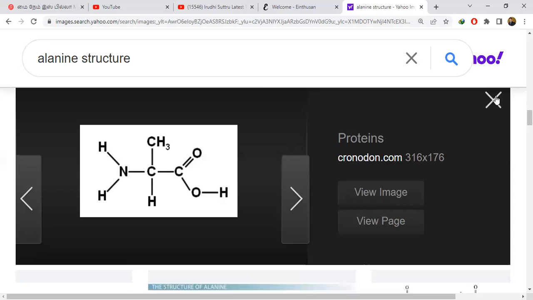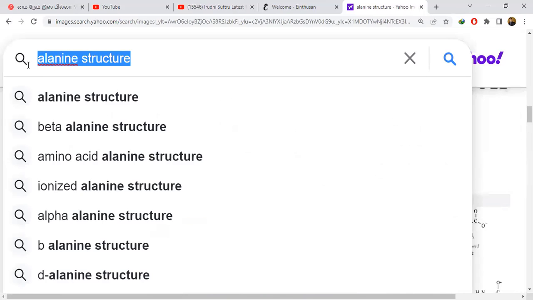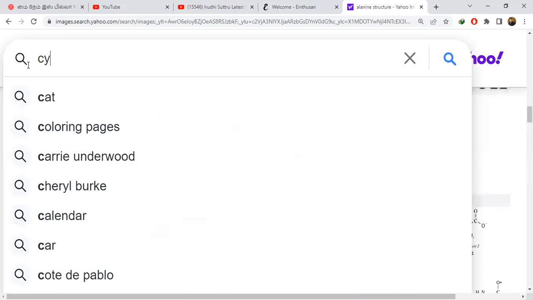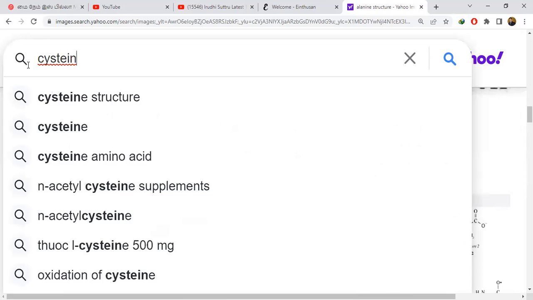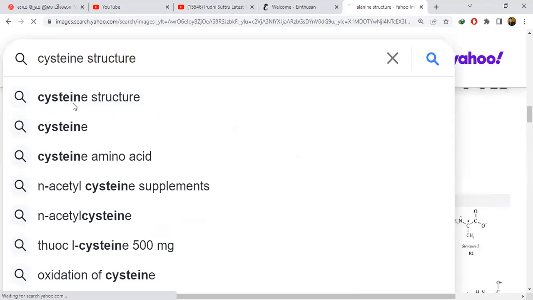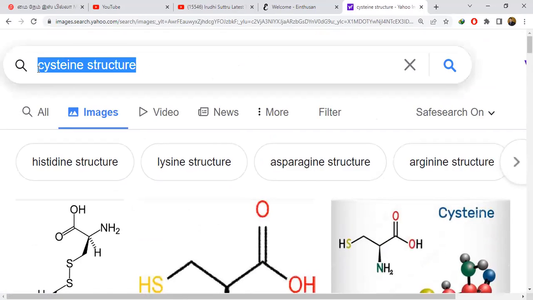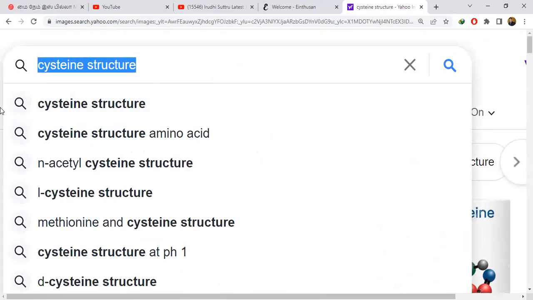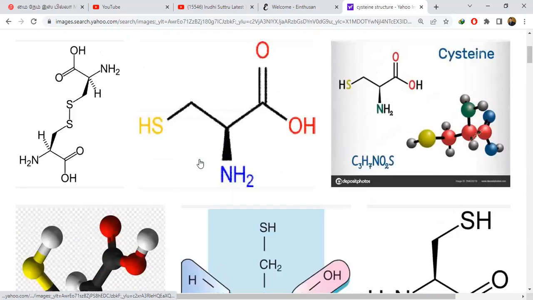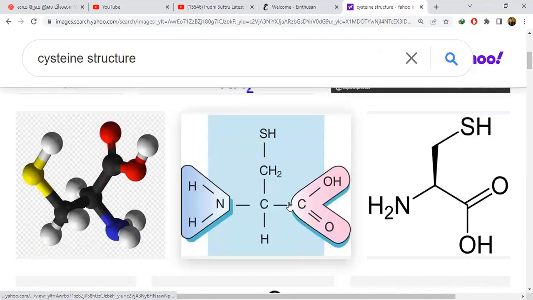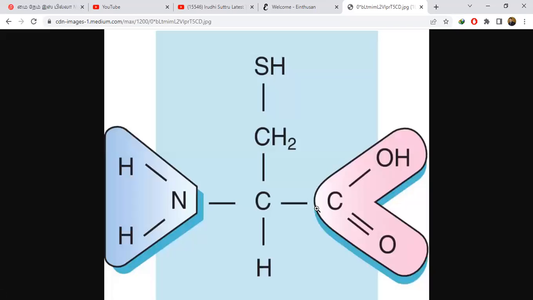This is alanine. I will take another amino acid. This time I am choosing the amino acid called cysteine. Read it. Let us take this diagram to represent cysteine.